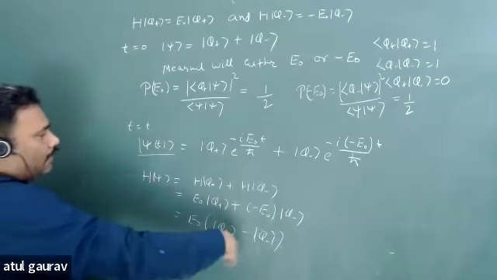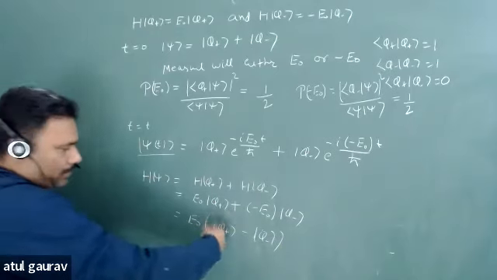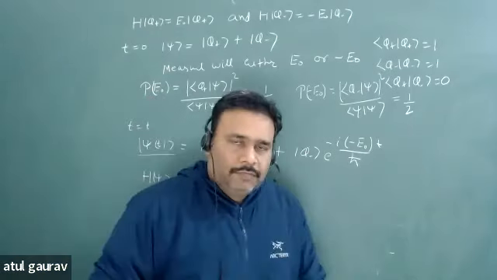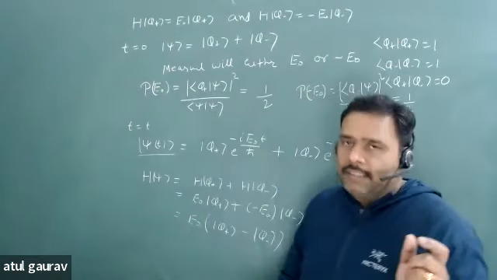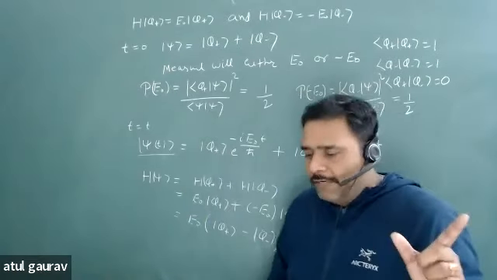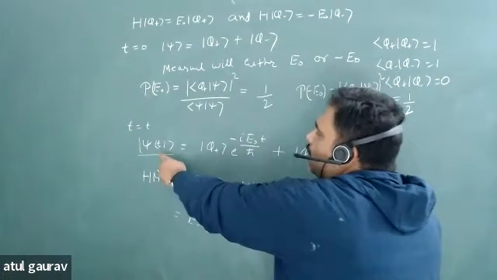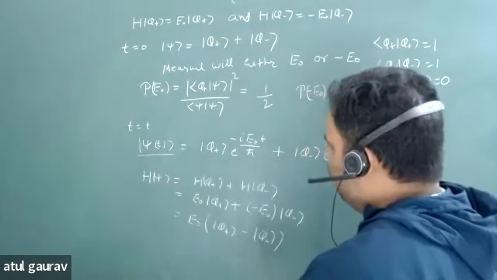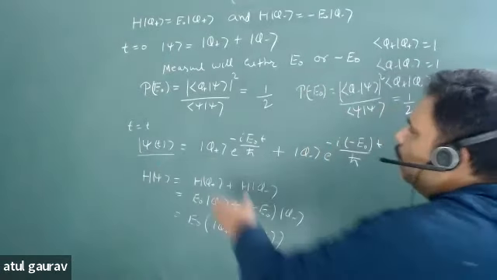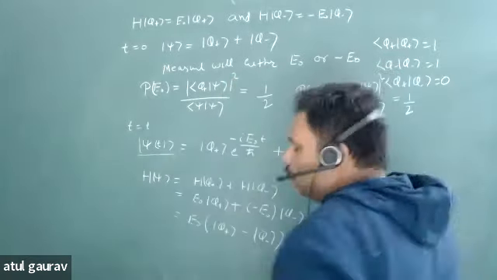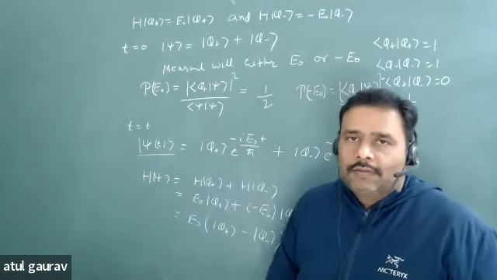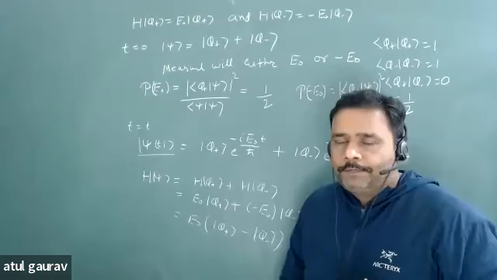So yes, this is not the same state psi. This is some other state, because if your coefficient changes, then obviously you have a new vector. So this psi is not a stationary state. Another way you can also check is that mod psi t square is not equal to mod psi 0 square. Are you getting my point?